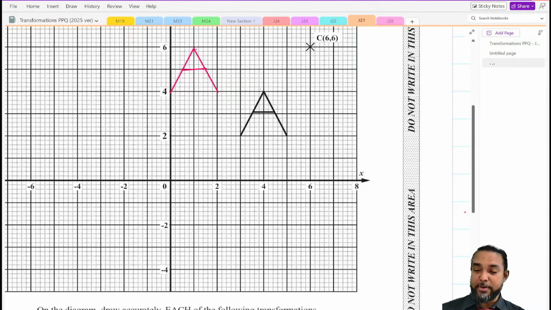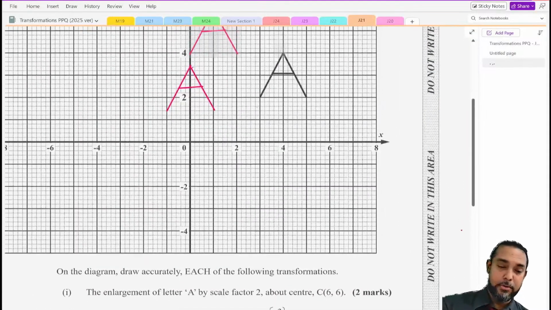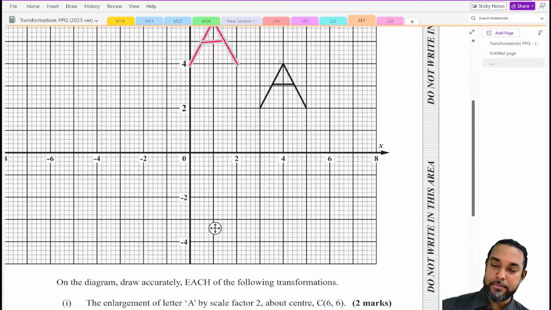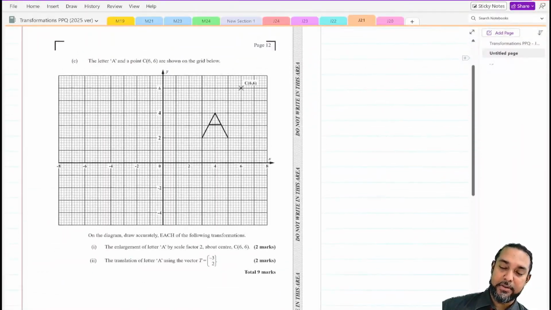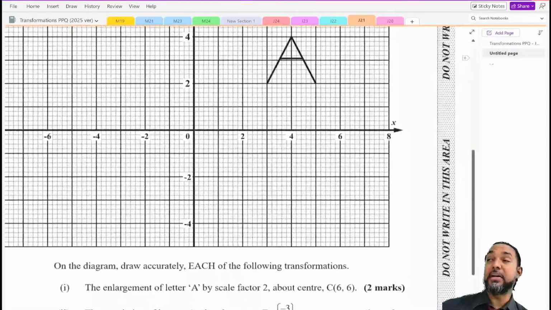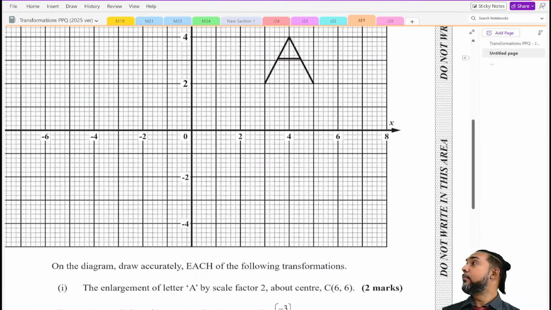All right, so that's the translation by minus 3, 2. And let me do the enlargement real quick. Sorry, the question I was asking about was with an enlargement, right? The shape could either get big or get small.